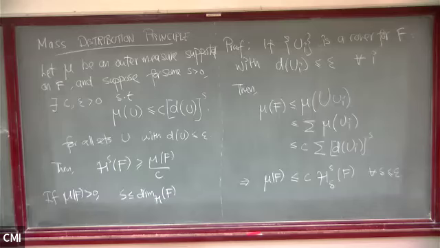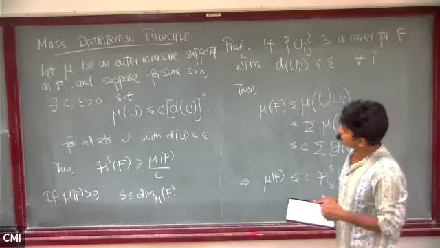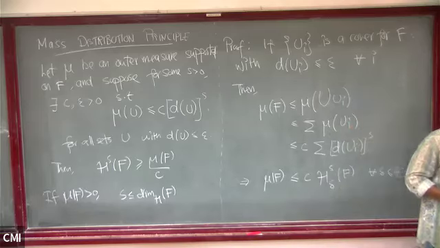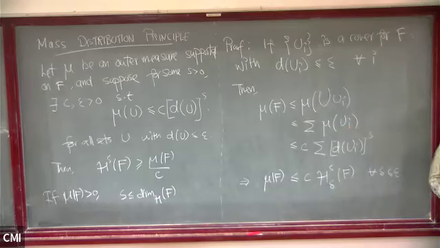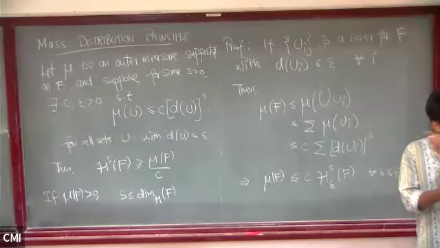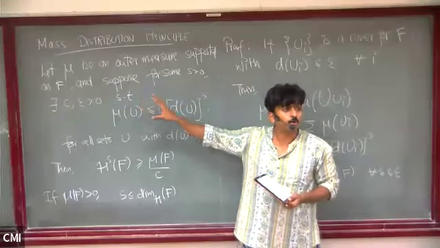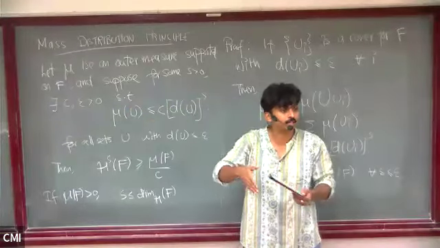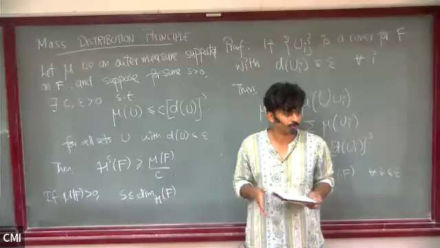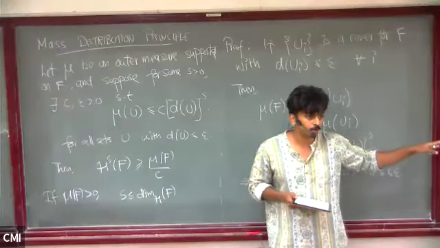So this is the mass distribution principle, and we are now going to compute. Right now it's not clear where this mu is coming from, or how mu is related to the mass distribution of F. We'll see that in the specific constructions that we are going to look at.